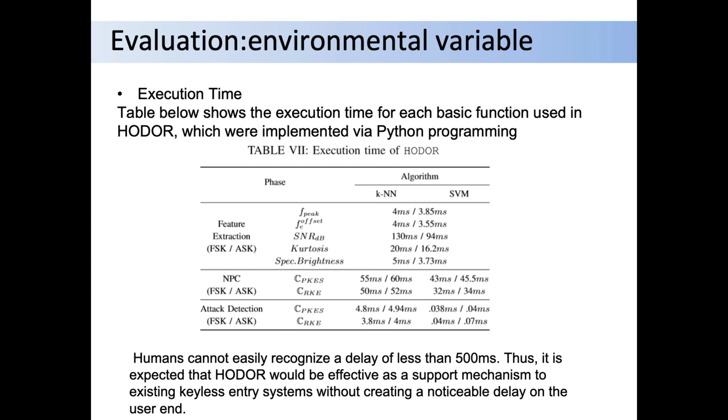So we run it on different platforms, and usually the delay time is from 4 microseconds, or from 5 microseconds to 50 microseconds. As we know, if the delay is less than 500 microseconds, users usually cannot recognize it. So it's also not a big problem.